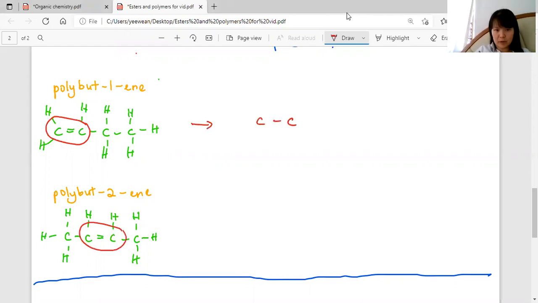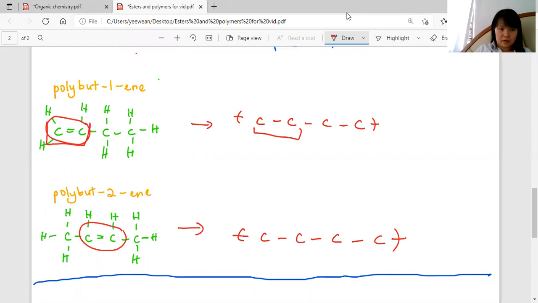I'm going to draw 2 repeat units, and 2 repeat units here. So these carbons here are these 2 carbons. We're going to repeat this twice.